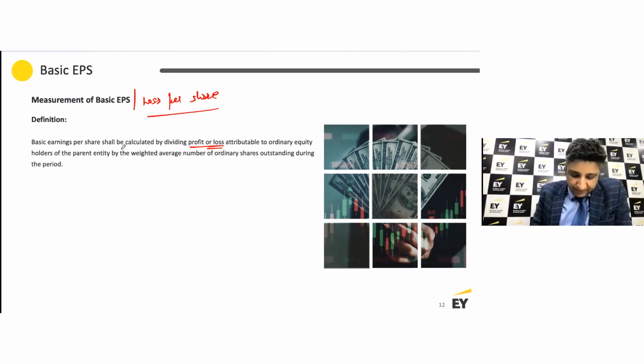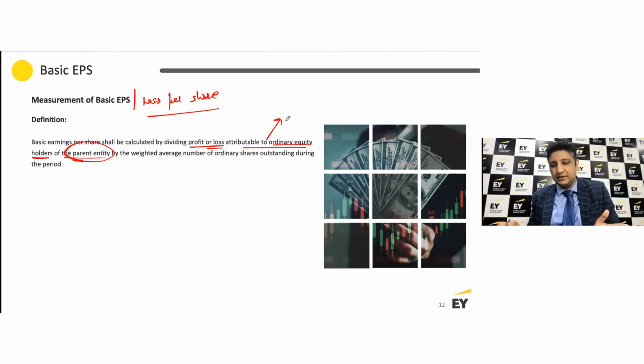So the basic EPS shall be calculated by dividing the profit or loss attributable to ordinary equity holders of the parent entity. At a group level, we are referring to the word parent entity. So importantly, we are talking about what is that share of profit that is available with the ordinary shareholders or ordinary equity holders.